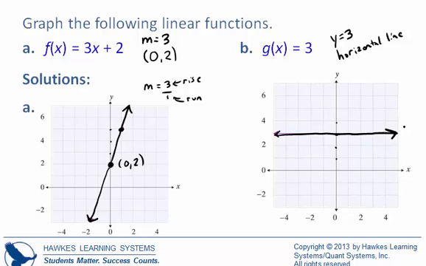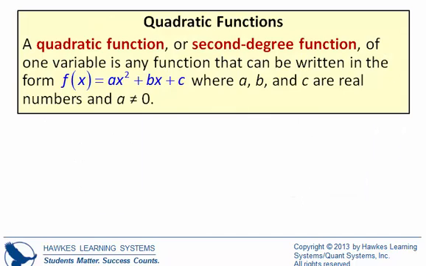We're now going to look at quadratic functions. A quadratic function is called a second-degree function because it has a squared term in it. It is a function that can be written in the form f of x is equal to ax squared plus bx plus c, where a, b, and c are real numbers and a is not equal to 0.